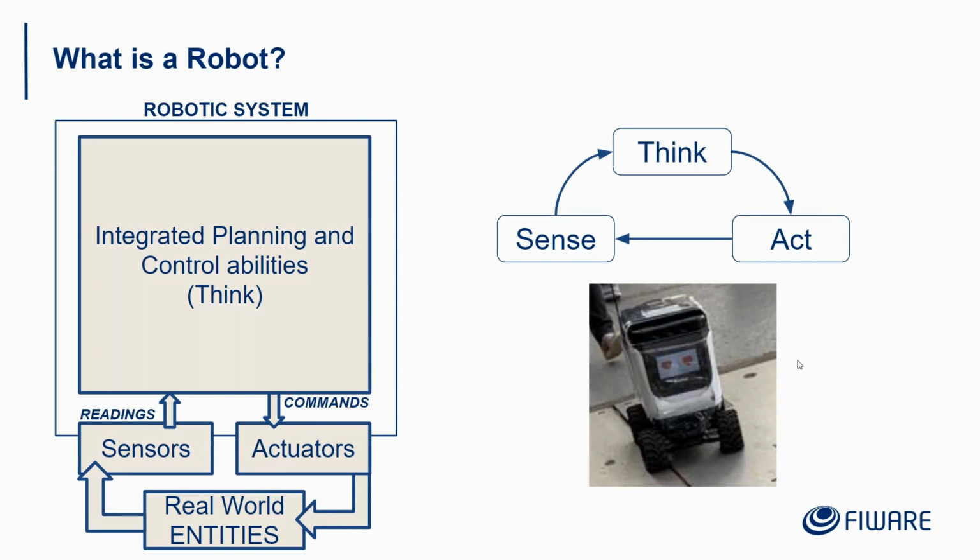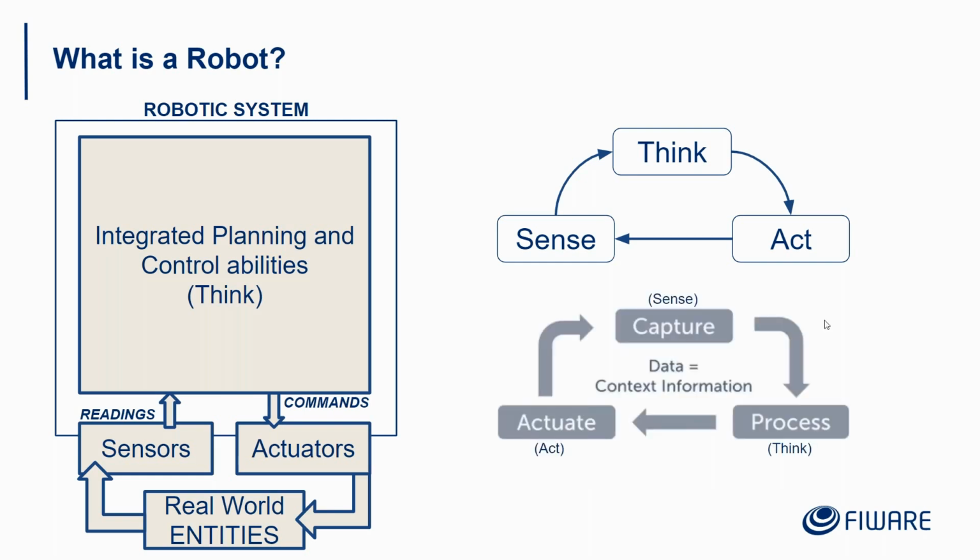It does it based upon this loop of sensing the world, thinking about it, and selecting an action. That vision exactly connects with this view of our application, in which we are always trying to capture the current state of the world, process this blackboard or picture of the real world, and actuate accordingly.